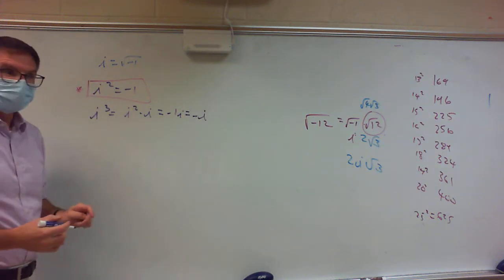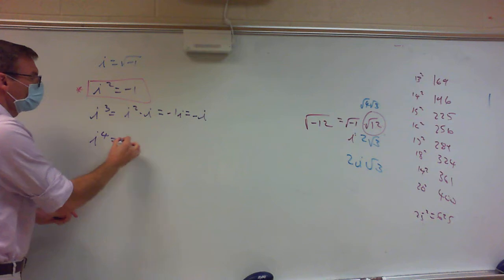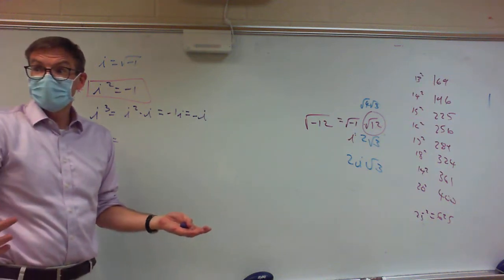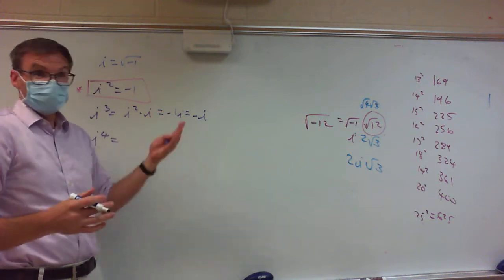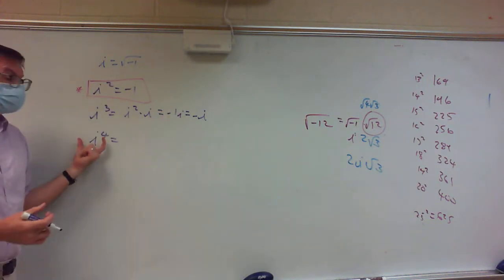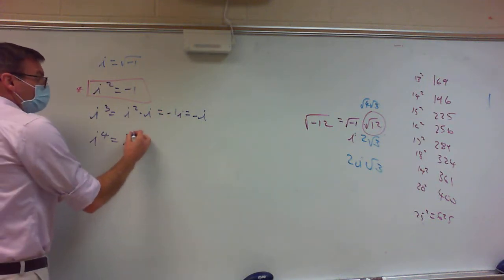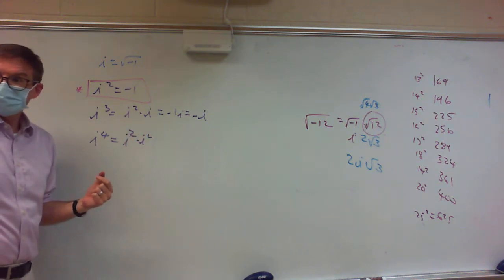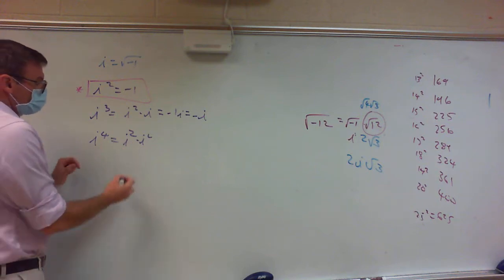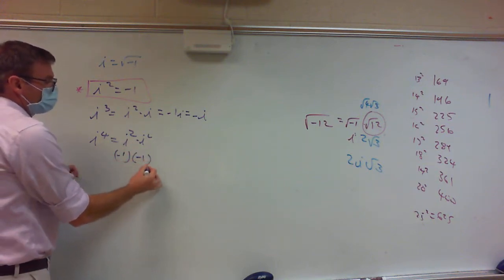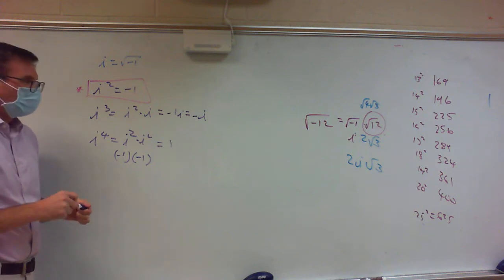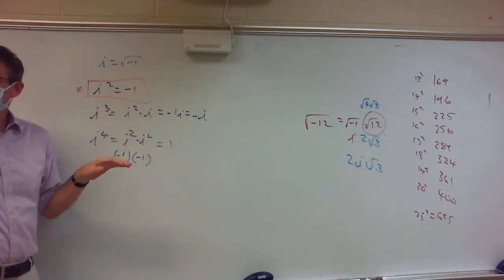Now think about i to the 4th. Again, I'm going to break it into what I know, and I like i squared because i squared is negative 1. That's pretty simple. So I'm going to break i to the 4th as i squared times i squared. That's going to give me negative 1 times negative 1, which is just 1. But I want to summarize this.